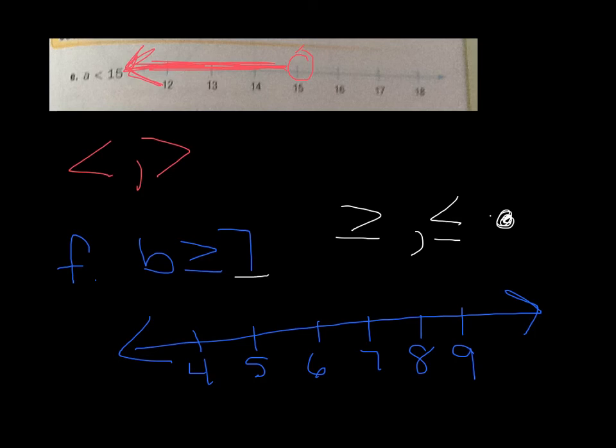So at 7, I'm going to have a closed circle. And it's telling me that I want all values greater than 7. So I'm going to shade all values on that line that are greater than 7. The important thing to remember for inequality graphing is if you need a closed circle or an open circle.